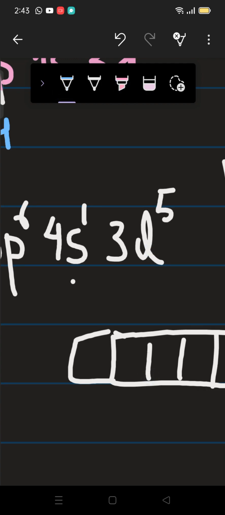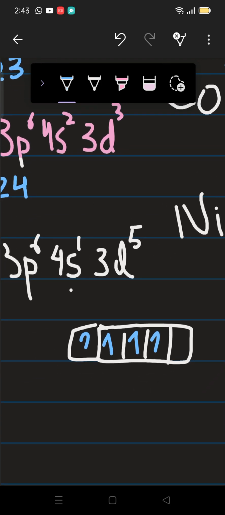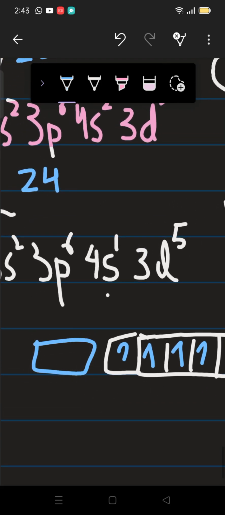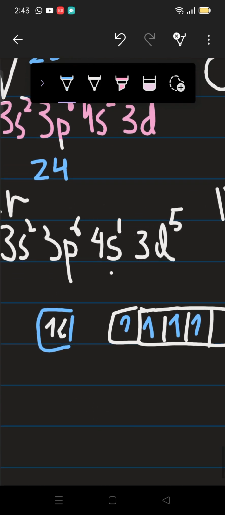If I put 4 electrons here, this is unstable, and s would have 2 electrons. So it is said that a half filled orbital is more stable than a partially filled orbital.